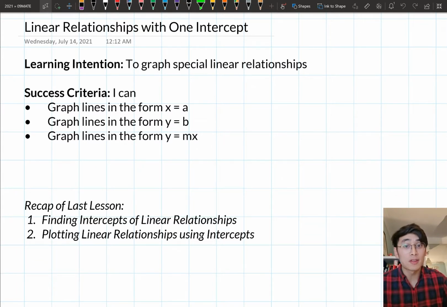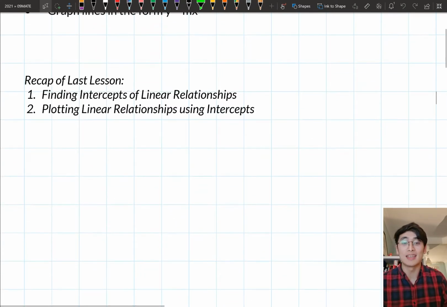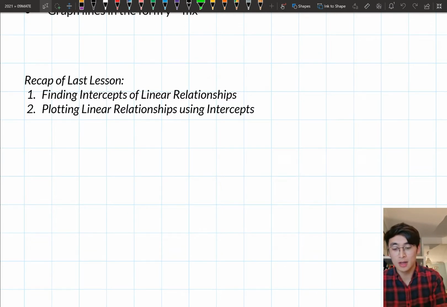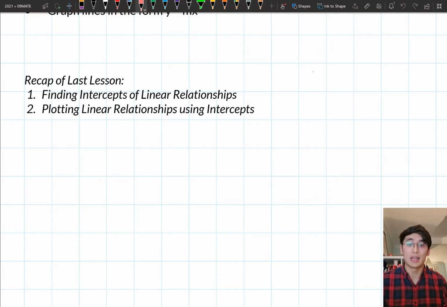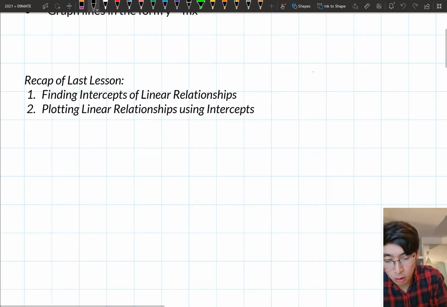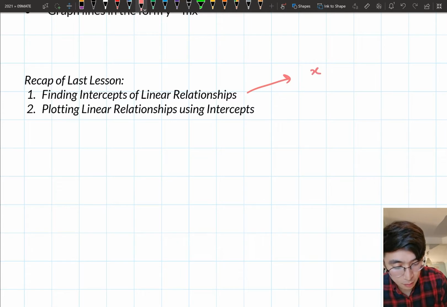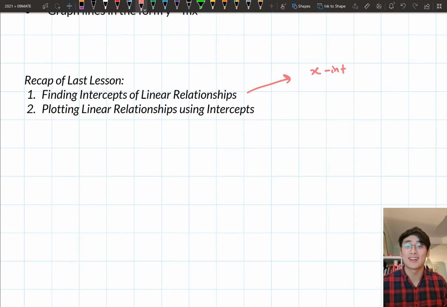To start off with, let's do a quick summary of what we covered in the last lesson. We talked about finding intercepts of linear relationships, and we also talked about this in our first lesson of this topic. Most linear relationships will have two intercepts. You've got your x-intercept, which is where your line touches the x-axis, and the condition for an x-intercept is we sub in y is equal to 0.